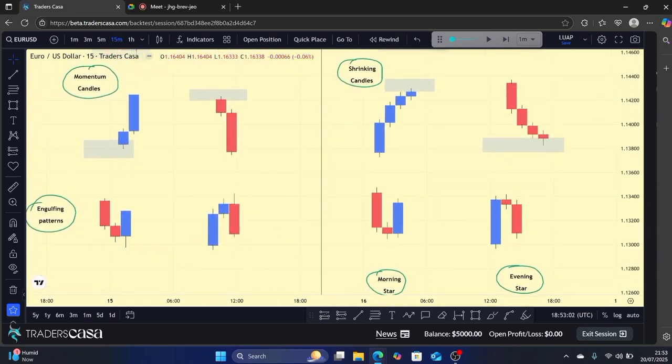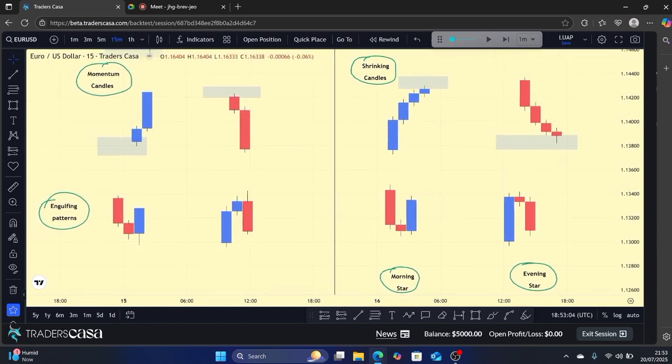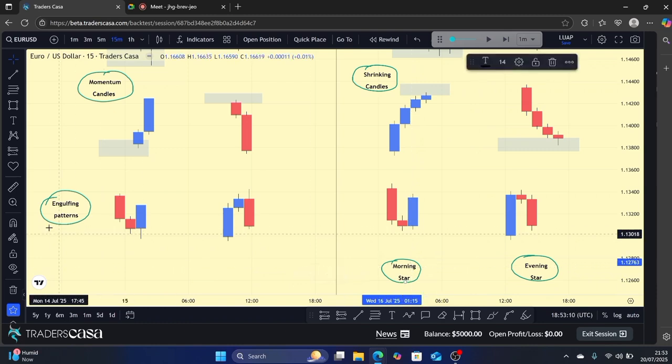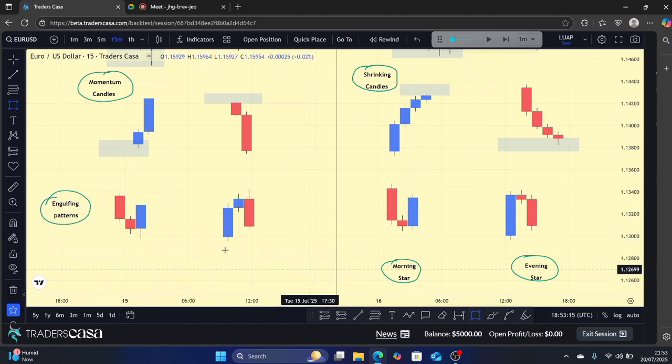And here, yeah, this one. This is where these other ones come into play. You can see this one here, engulfing patterns. All right, let me draw the key area exactly right here. You can see this candle, this body size compared to this is of big body size and this is of small body size.